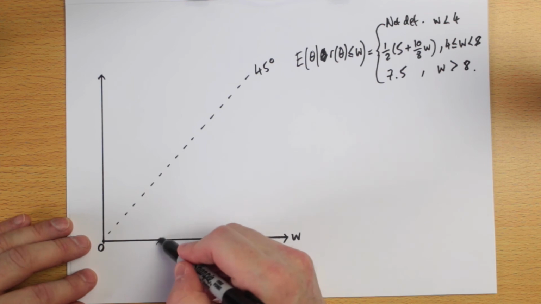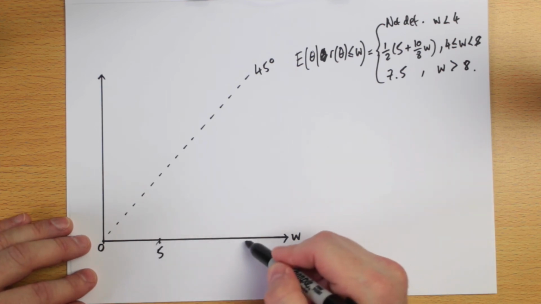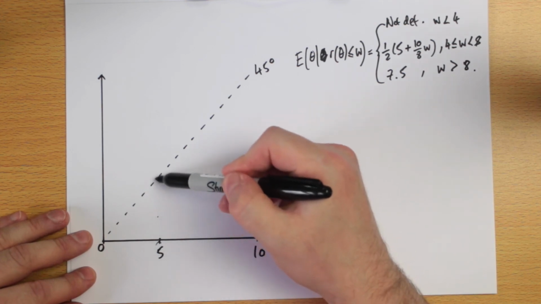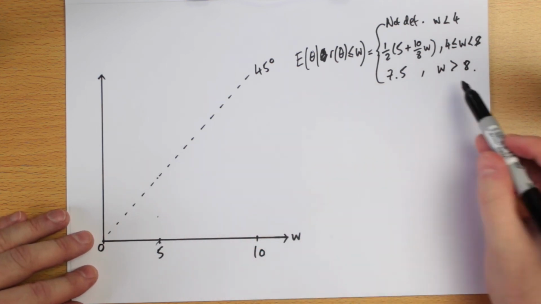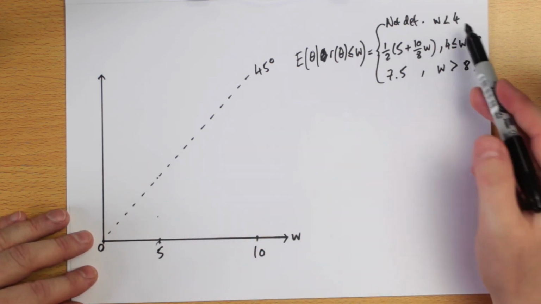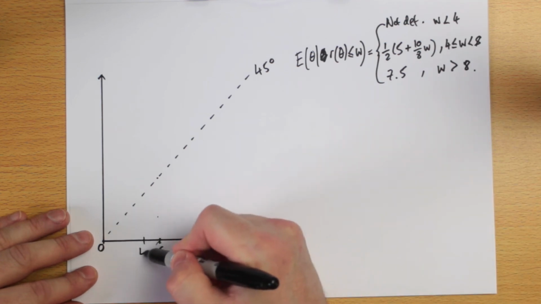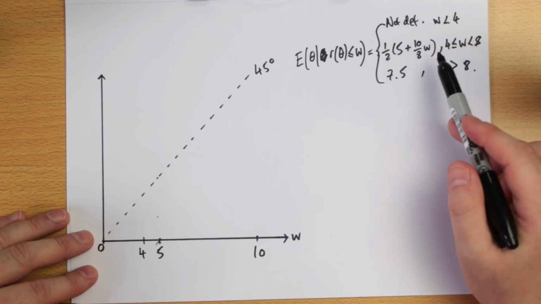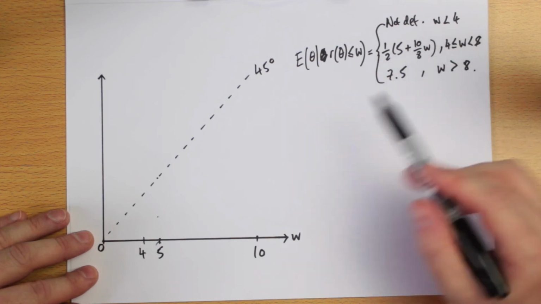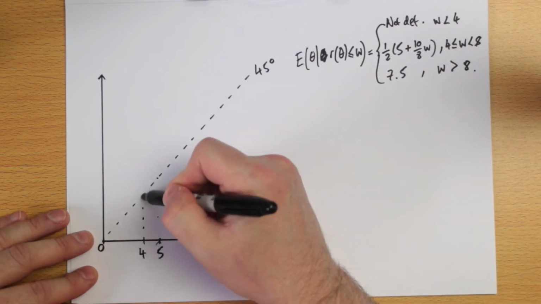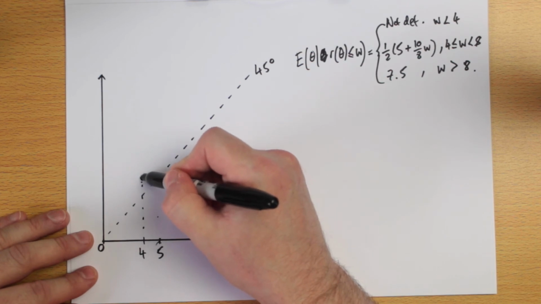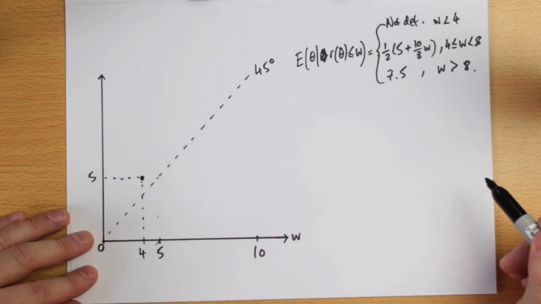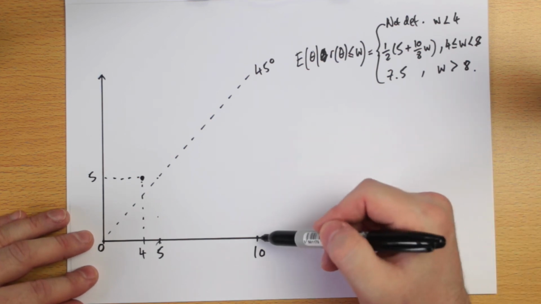Okay. So we had the 5 and 10 from the previous example. Now in this case, let's sketch a diagram here. It's not defined when the wage is below 4, and when the wage is equal to 4, only the lowest person accepts. So that would be that point there, which is 5.